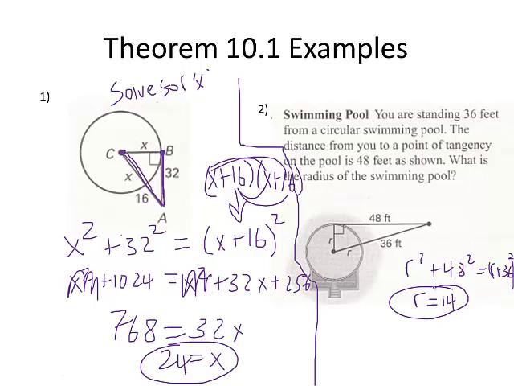So we're trying to find the radius. We set it up the exact same way. We do r squared plus 48 squared equals the entire length of the hypotenuse, which is r plus 36, squared. I didn't do the actual algebra because I have an example right next to it that's very similar, so you can see if you did it correctly. If you didn't, you might have made an algebraic mistake.